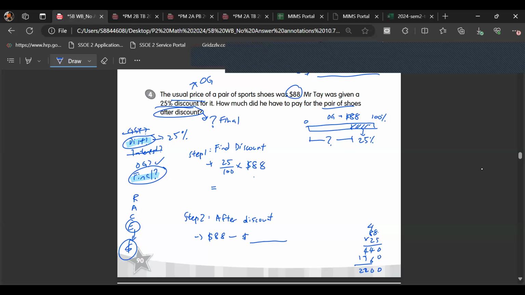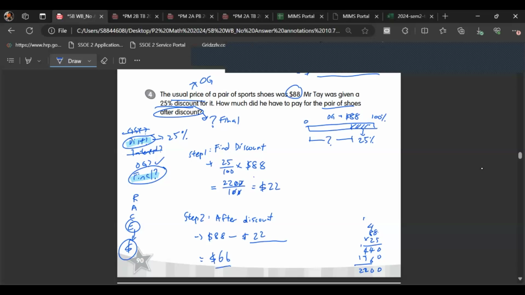Then after that, 8 times 2, 16. Then we have the 1 here. 8 times 2, 16, 1760. Very good. Correct? So it's 2200 out of 100. Cancel, simplify, $22. So $88 minus $22 equals $66.